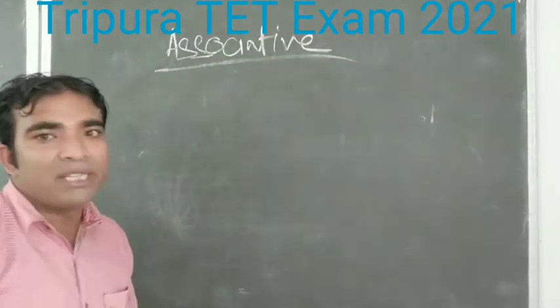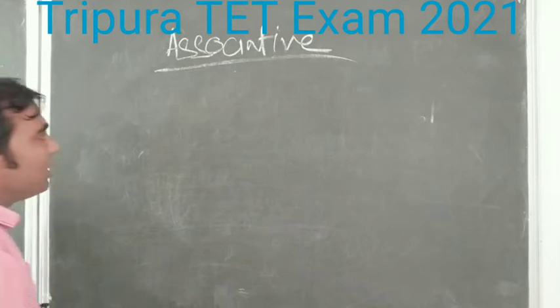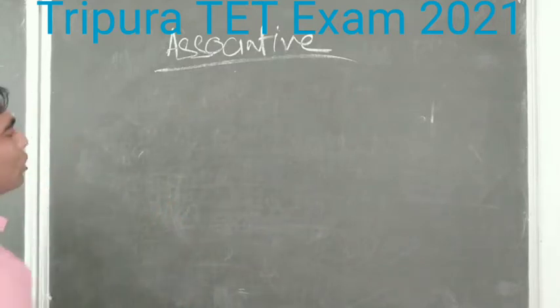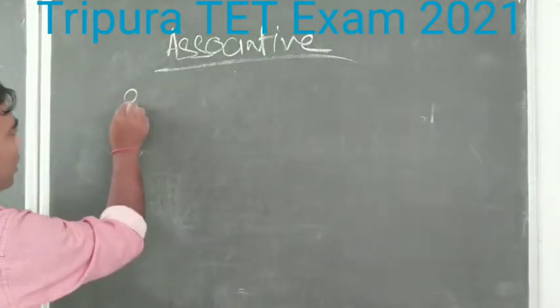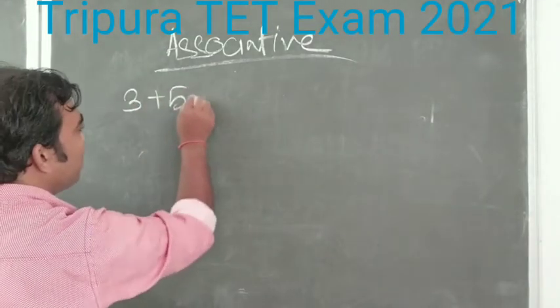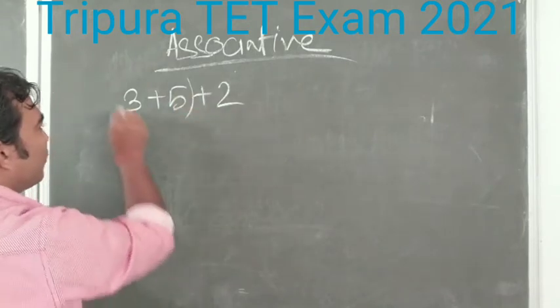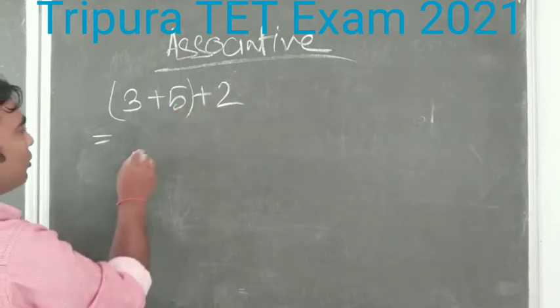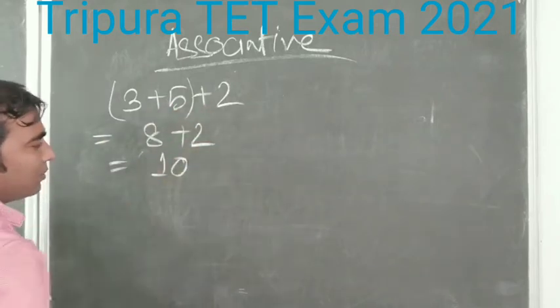It means that if we change the order of the operation, when 2 or more operations are there in the same question, as for example 3 plus 5 plus 2, we have to add these three numbers. We can add in two different ways. First, we add 3 plus 5, that is 8, plus 2 equals 10.